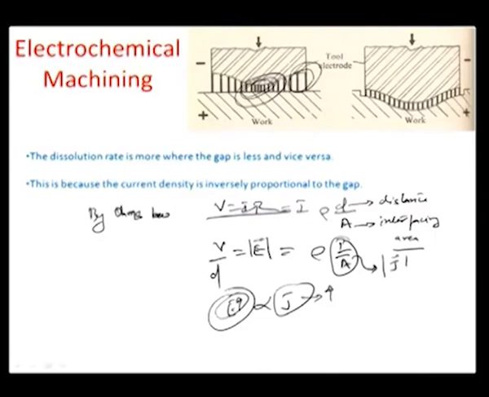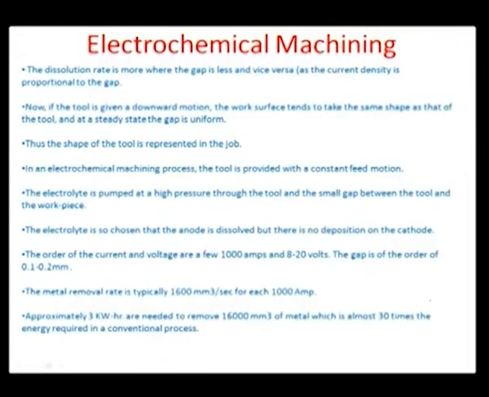And MRR, of course, as I told you before, is proportional to the current density. So if E field is high, meaning thereby the current density is high, the MRR also is high, and vice versa. So that's how electrochemical machining is really performed, and that's how the die sinking nature of the ECM process comes.